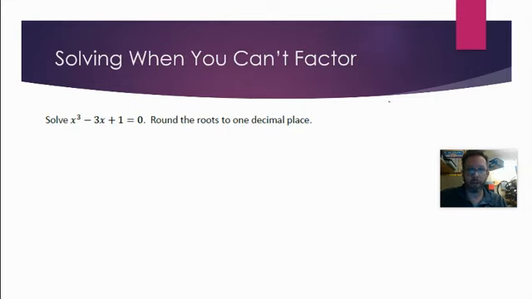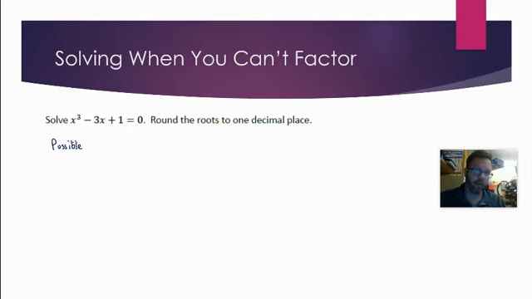Finally, sometimes you just can't factor. We're going to go through one example where we can't and talk about how we can still find the roots. So let's say we weren't sure if we could factor or not. We would look at this equation, x cubed minus 3x plus 1, and think about what our possible roots are.